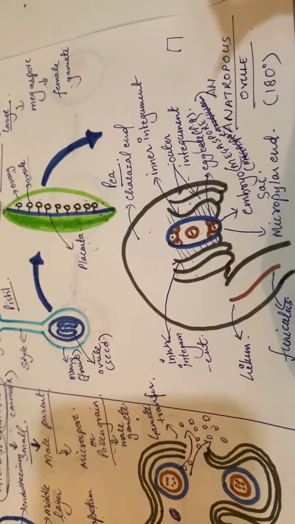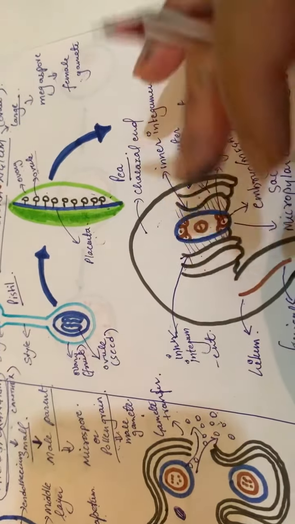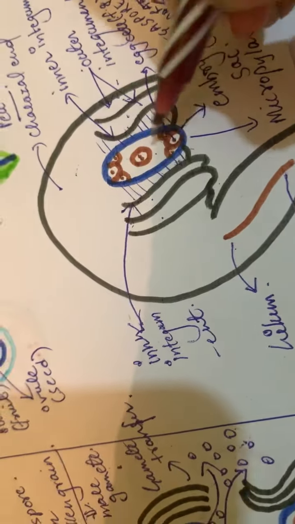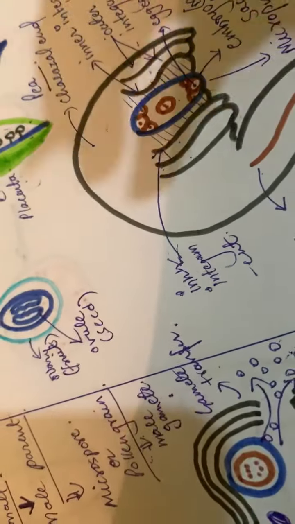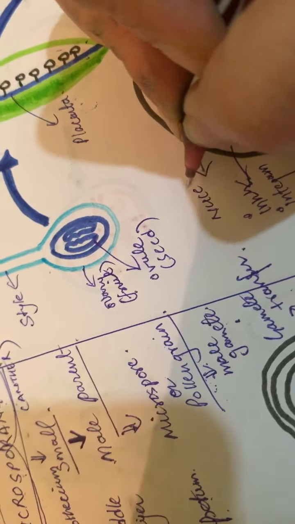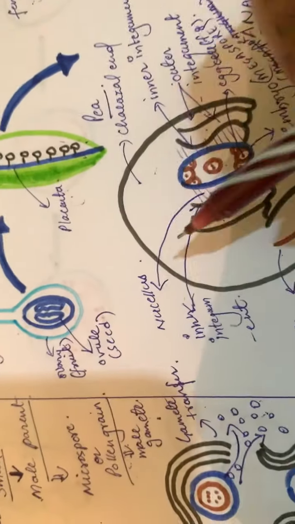And you're done, children. So this is the structure of a typical anatropous ovule. If you can see here, I have labeled a layer which has a specific function. You call it nucellus. What is a nucellus?